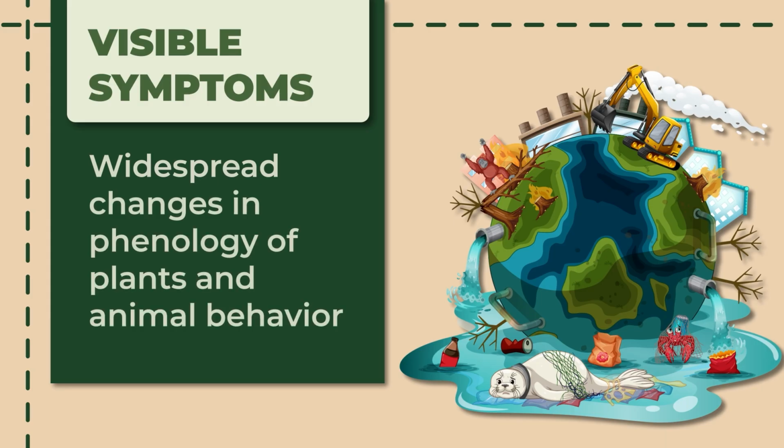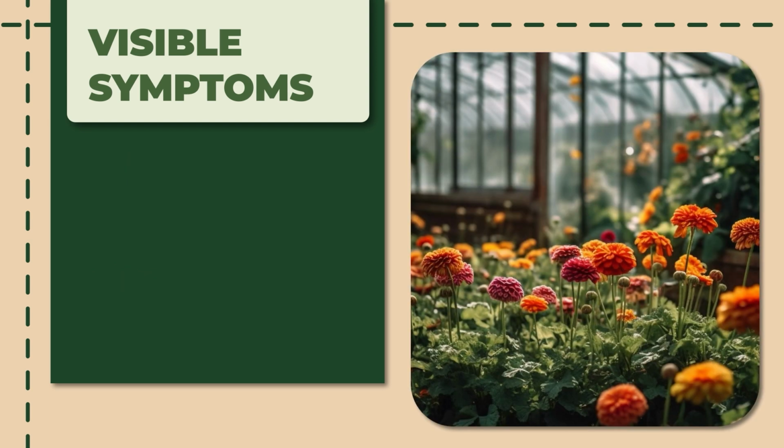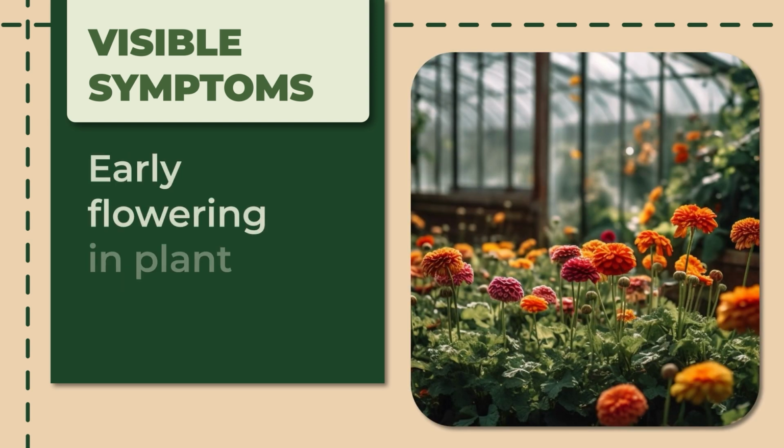There are a lot of changes in the phenology of plants and animal behavior. In fact, in the case of plants, in many of them early flowering is observed, and that is an indication of dismantling of the ecosystem, or in other words, the functioning of the ecosystem has been affected because of climate change. When a plant goes for early flowering, the production and productivity of the plants will be reduced severely.